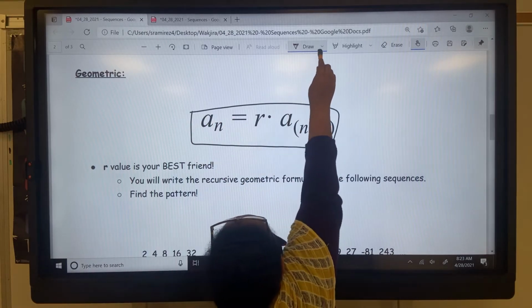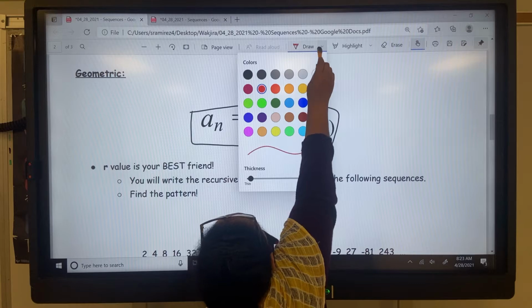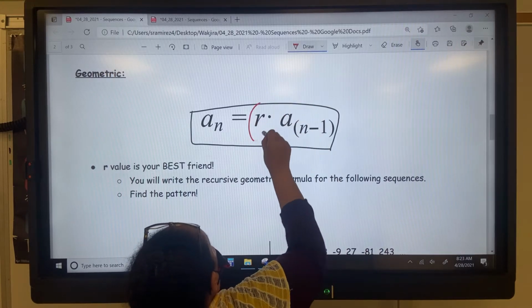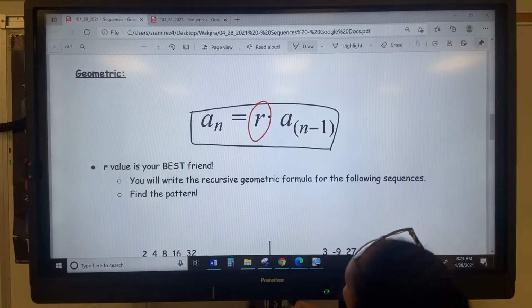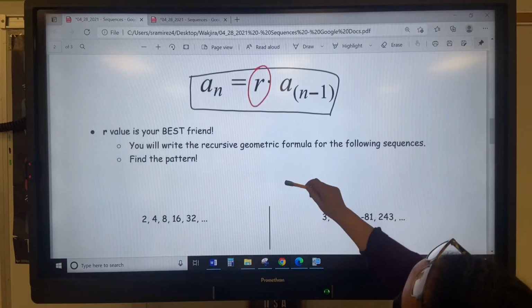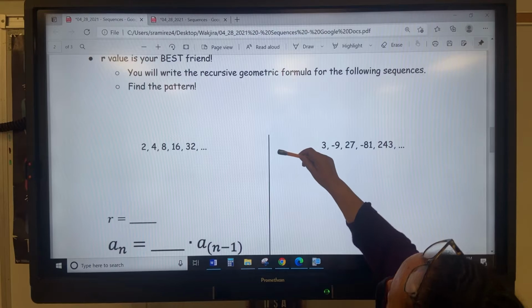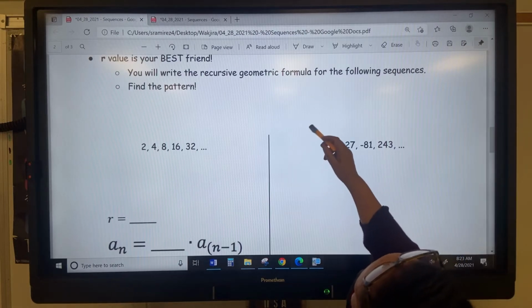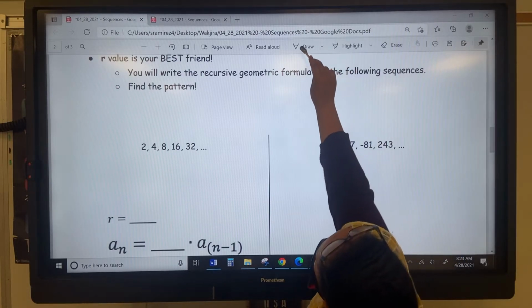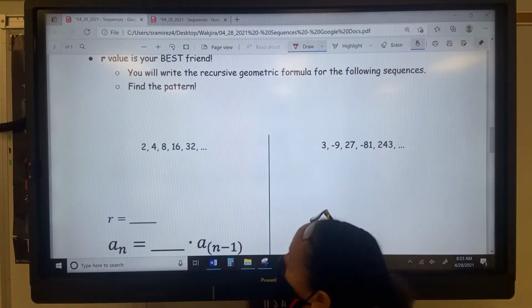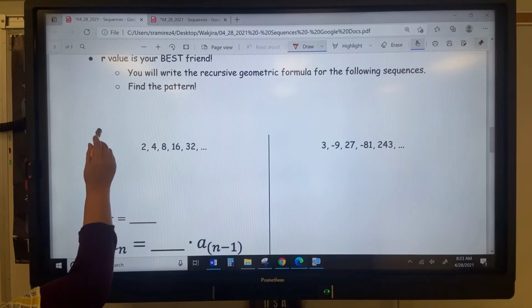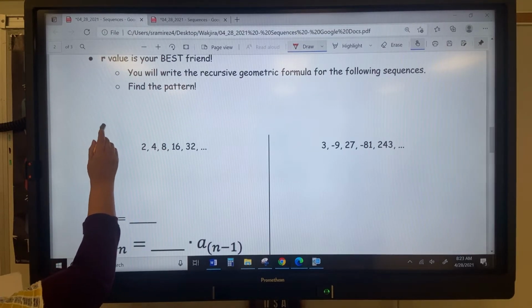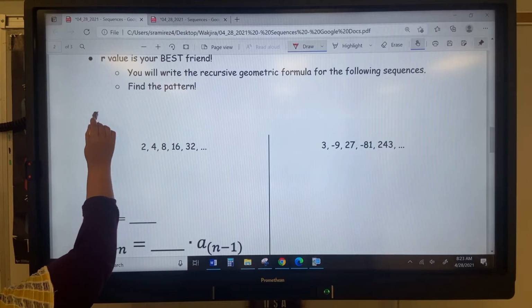The only thing you need to worry about is just the R.